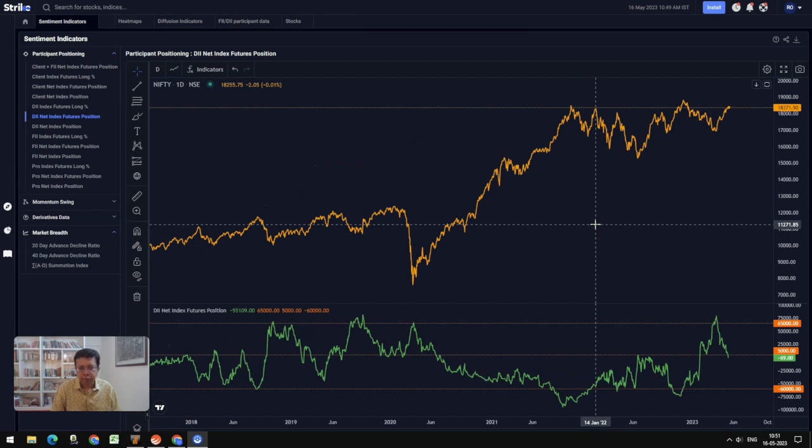Now, one of the supports that we've really been getting for the market was from domestic institutional investors. And when I say that, the support essentially was coming from big long positions that they've been taking up whenever the markets hit a bottom. So we've drawn a red line out here.